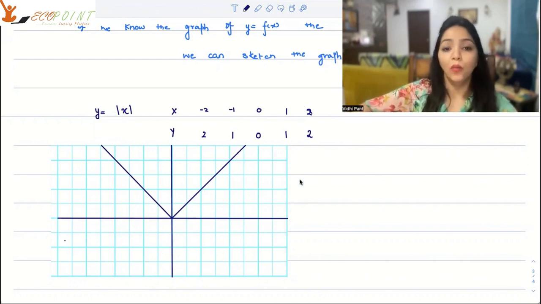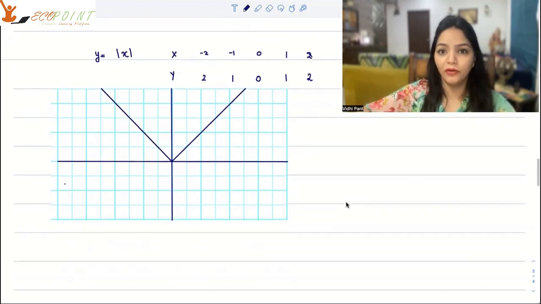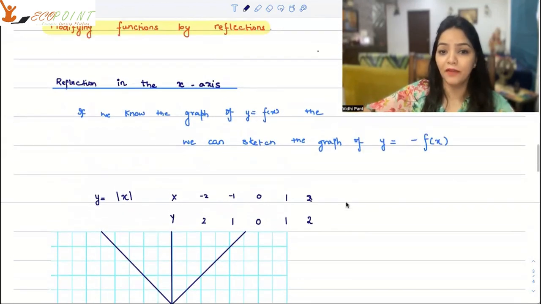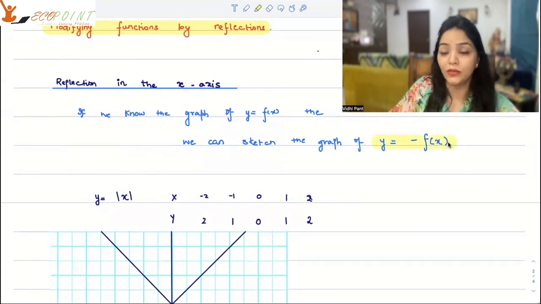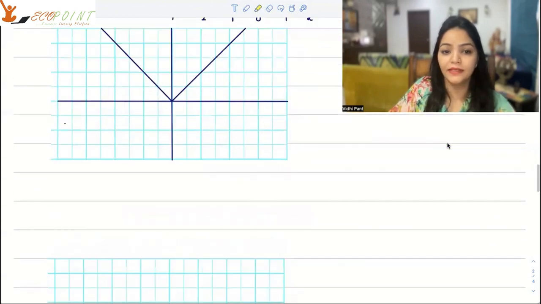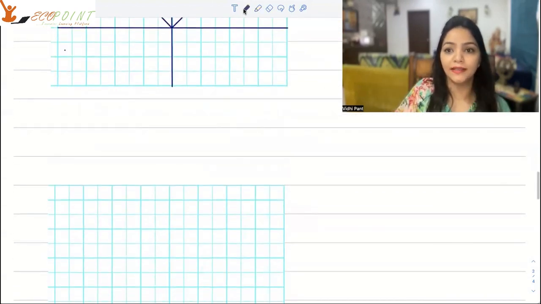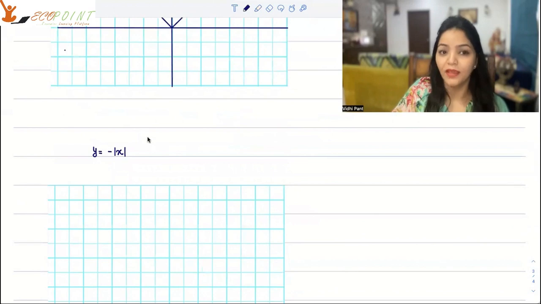Now, what will be the graph for minus f(x)? When we are talking of reflection in the x-axis, we are talking about y equals minus f(x). Which means in our example, this time y will be equal to minus of modulus of x.